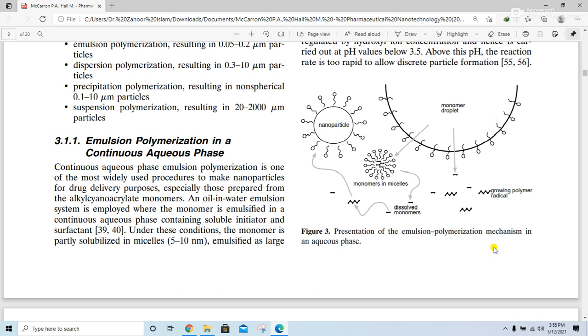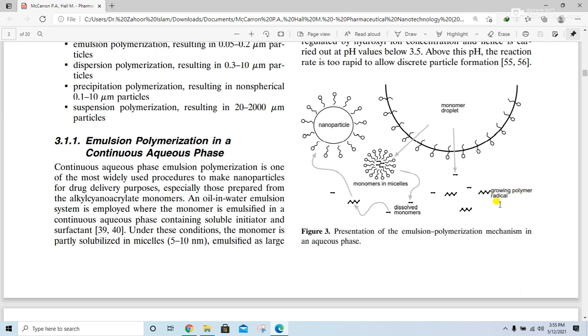This is a very simple presentation of the emulsion polymerization mechanism in the aqueous phase. Here you can see these are nanoparticles, and these are monomer droplets.